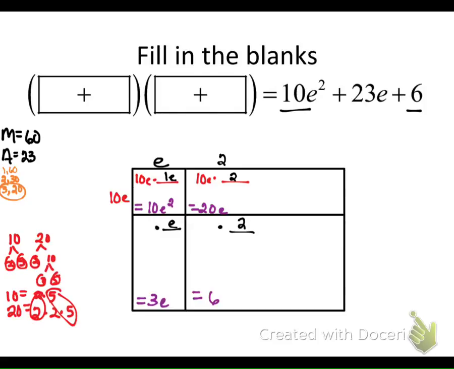Okay, so now we're going to find a height. What times e will get me to 3e, but then I can also take that same number times 2 to get 6? 3. So what's the height of this rectangle? 3.